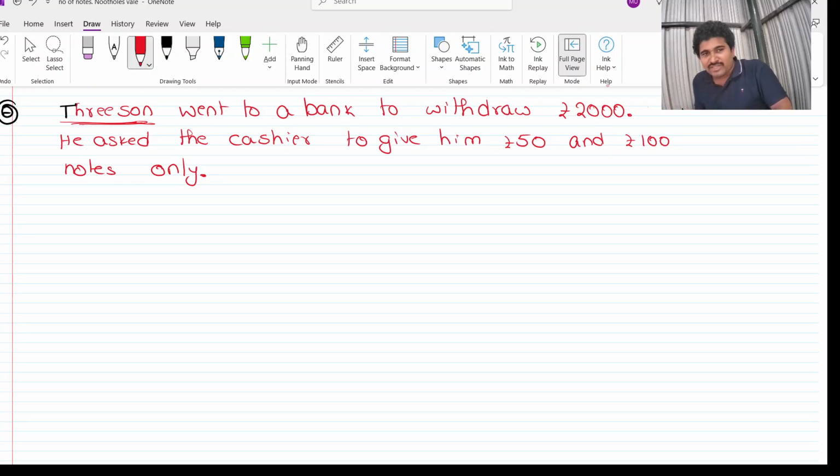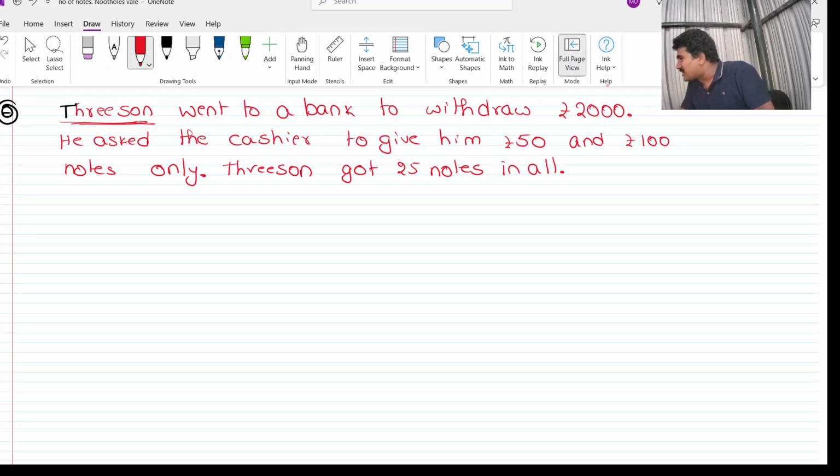Then the three sons got 25 notes. How much did he get? 25 notes in all. Meaning total 25 notes he got. Okay. 25 rupees he got or 25 notes he got? Clear that thing now? Full stop.